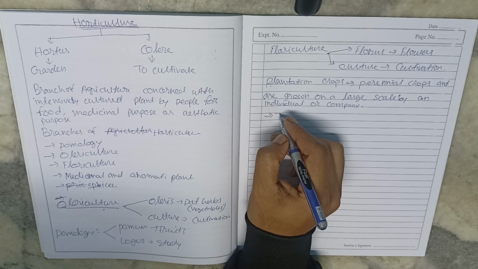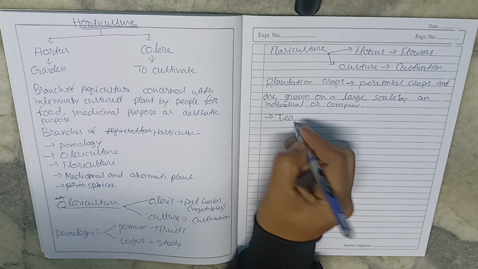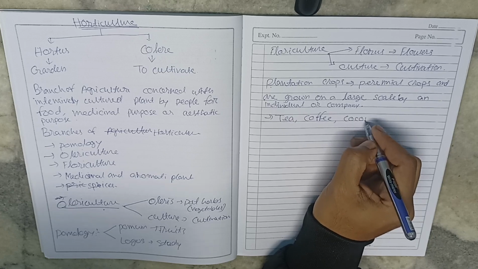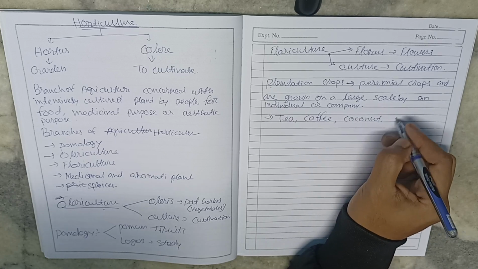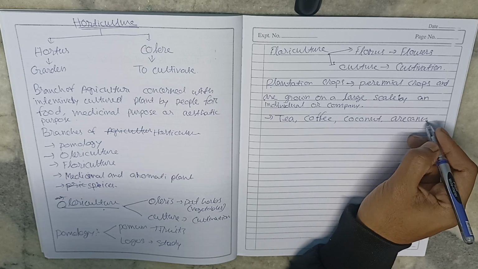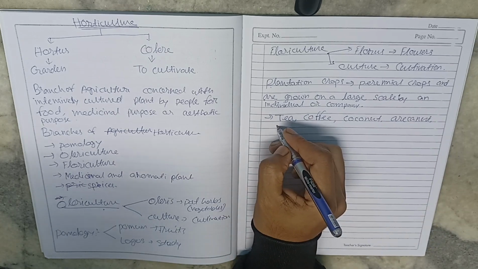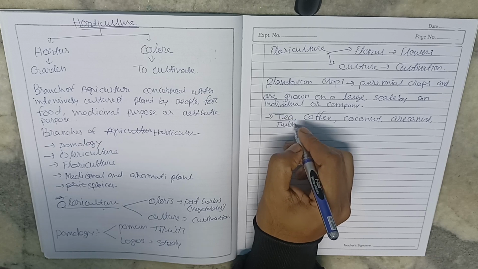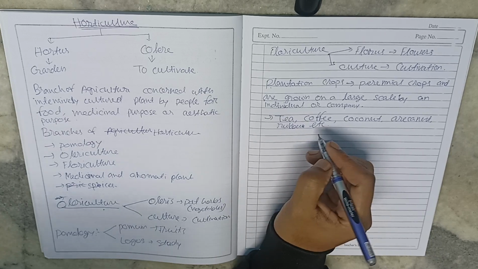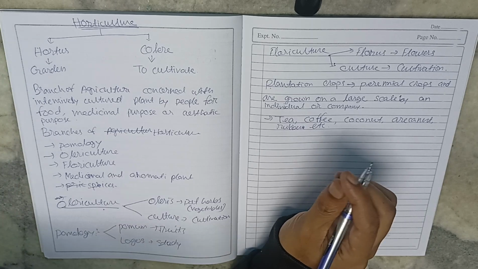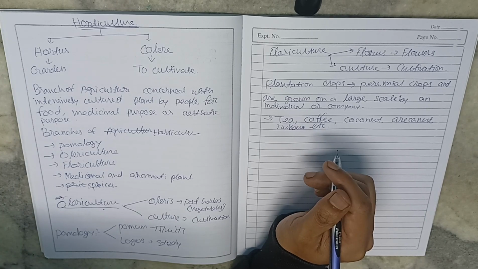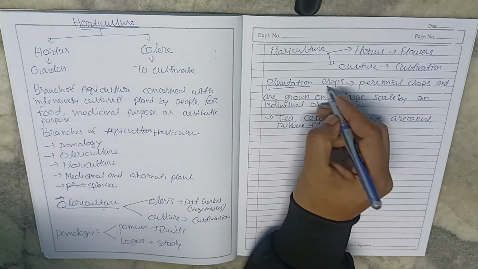Similarly, in cashew nut there is a layer above the nut that has to be removed, so it has to be processed in factories. Similarly, here you can see the coffee. It doesn't look like coffee beans, but these are the actual fruits that grow on the coffee plant, and then these are harvested and processed to form the coffee beans. So all of these plantation crops have to be processed, and these are grown on a large scale.